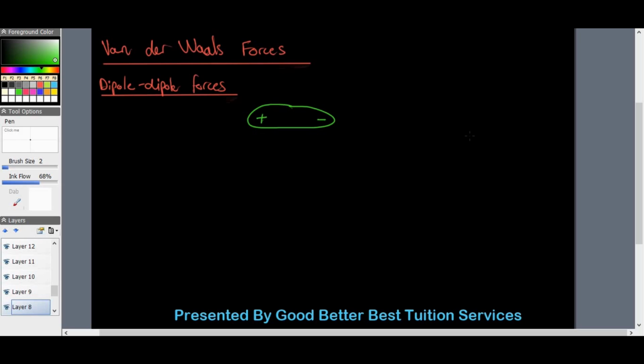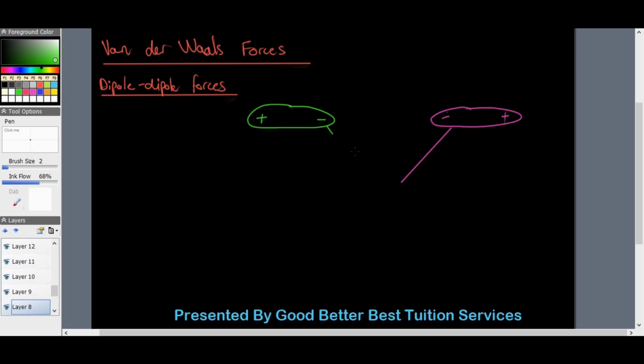So let's draw another one, with the negative on this side and the positive on this side. Cool, so we've got two polar molecules, and they're going to interact with each other.